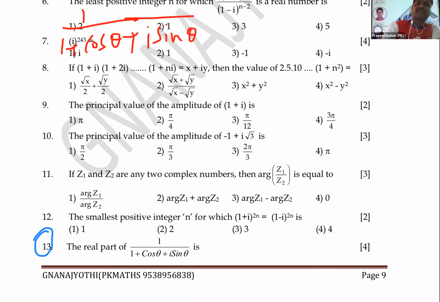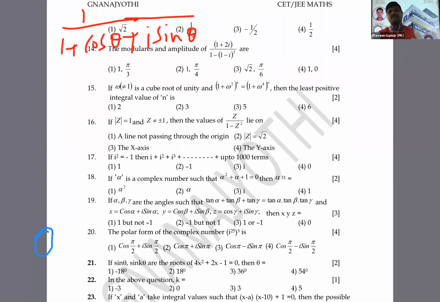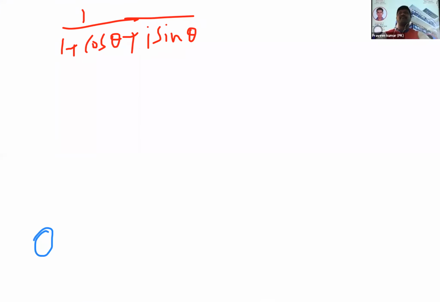First of all, it is not in complex form, correct? See the options: root 2, 1 by 2, 1 by root 2, minus 1 by 2. So convert the given question into the form a plus ib and you can find the value of a.